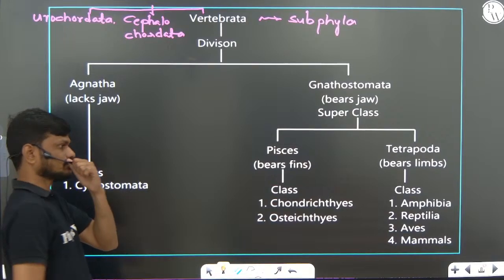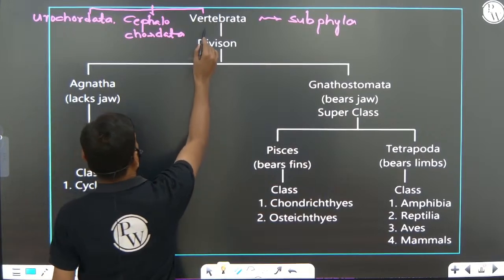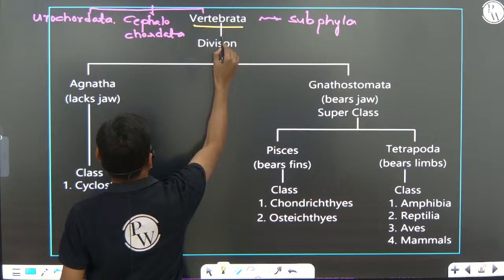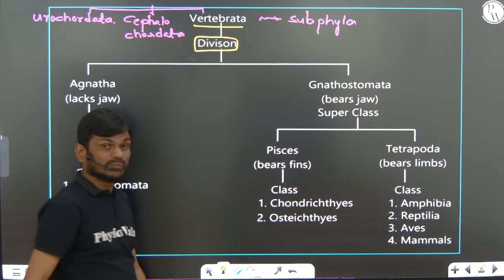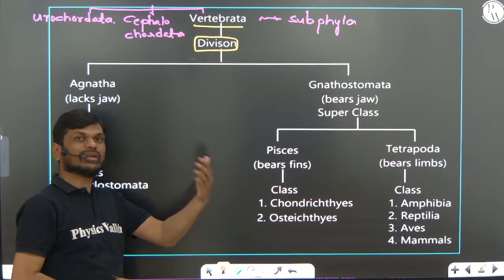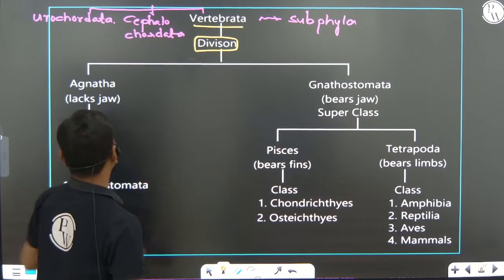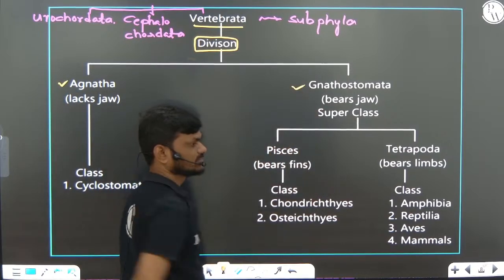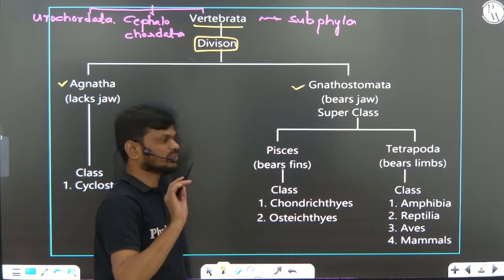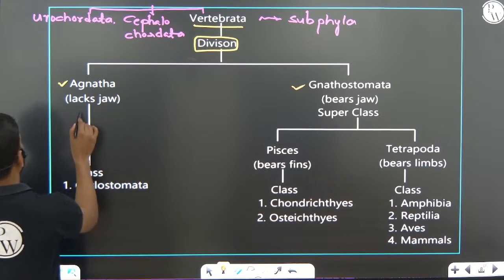Now, the Vertebrata subphylum is divided into two divisions, Agnatha and Gnathostomata.